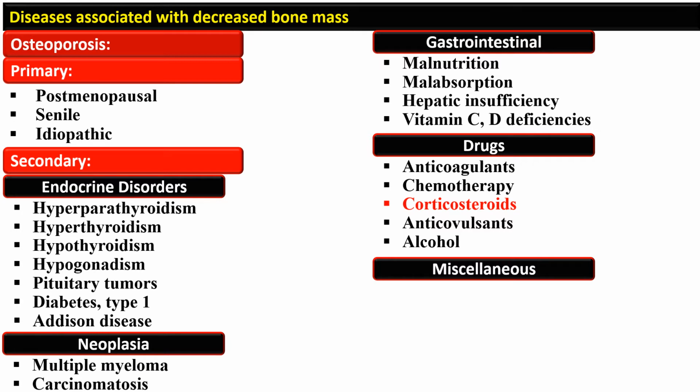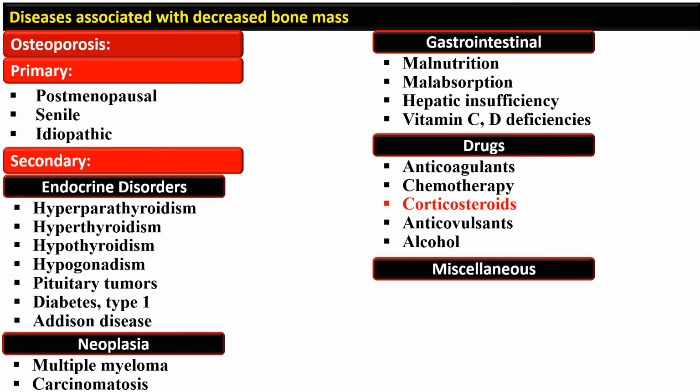Then the corticosteroid use is the most common cause of osteoporosis, that is iatrogenic. It inhibits osteoblastic activity. So after inhibition of osteoblastic activity, there is disturbed bone formation.